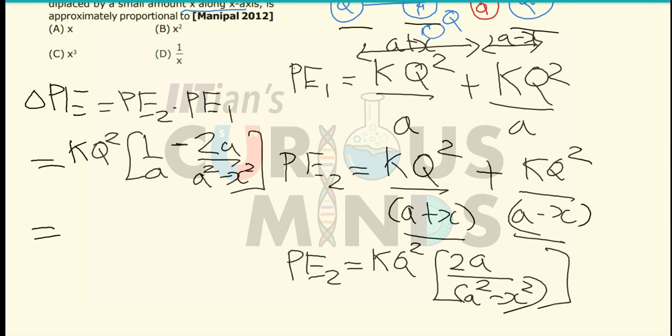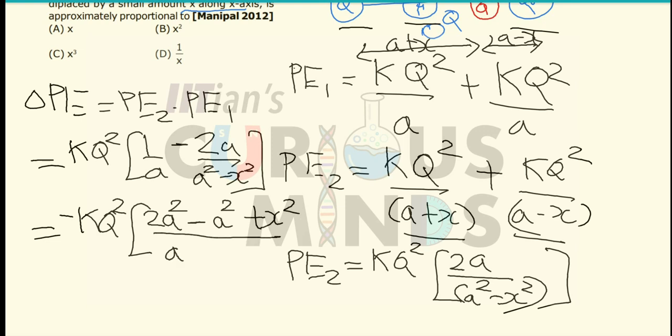If I cross multiply this part, it will be kq squared, taking the difference of potential energy 2 minus 1, equal to 2a squared minus a squared plus x squared, divided by a squared minus x squared into a. This is the answer we obtain after cross multiplying.